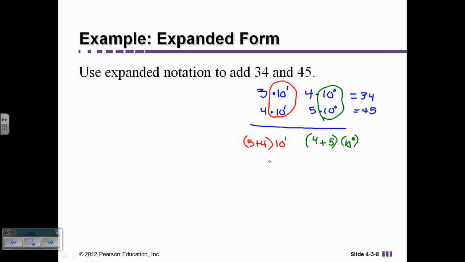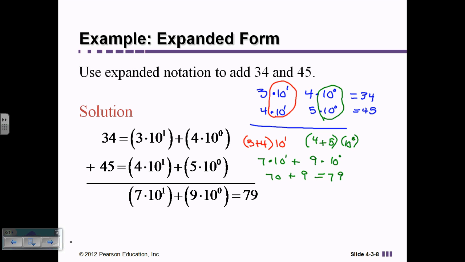And so then I can do my mathematics, and I end up with 7 times 10 to the 1st plus 9 times 10 to the 0. So I would end up with 70 plus 9, which is 79. And of course, you can do this by doing your typical mathematics that you're familiar with, but this is how you would do it using the expanded system.